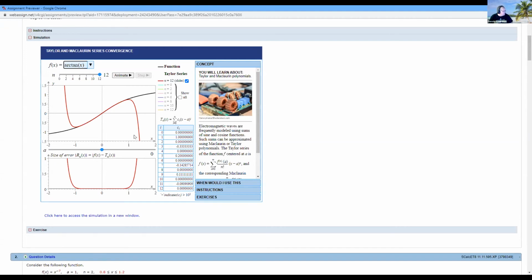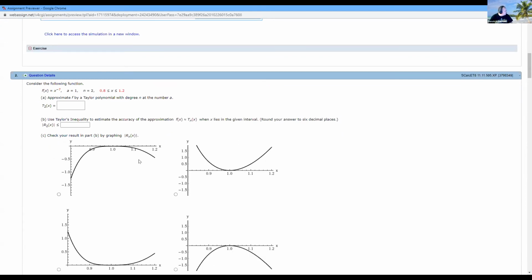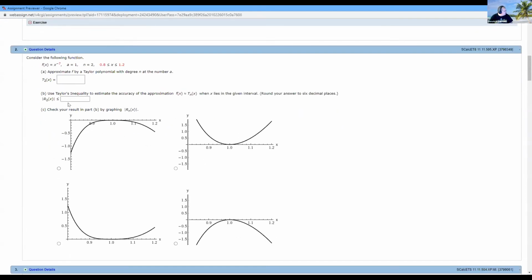So you're going to be looking at various versions of power series, like T1, T2, and looking at their graphs, which is kind of happening here. And then they talk about this thing called Taylor's inequality. Basically, Taylor's inequality gives you an idea of what the error would be.